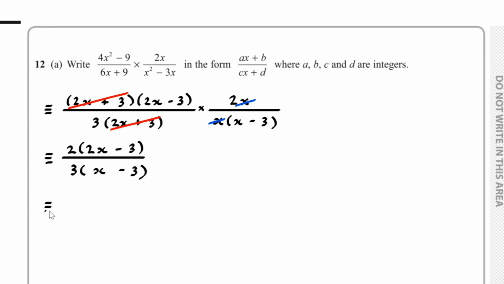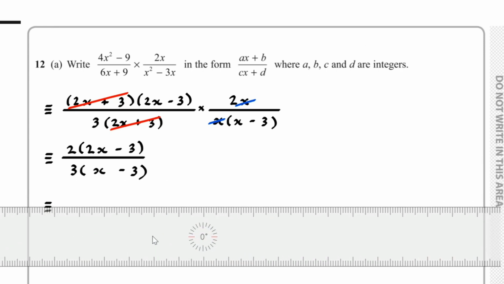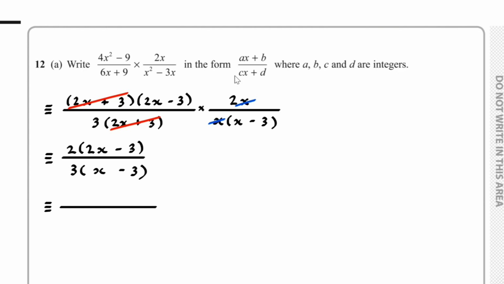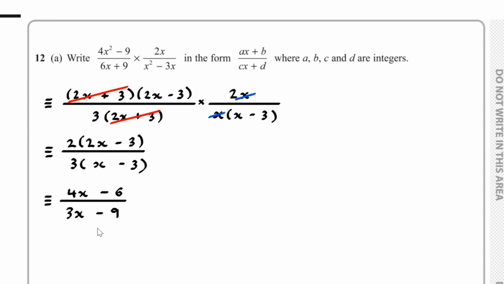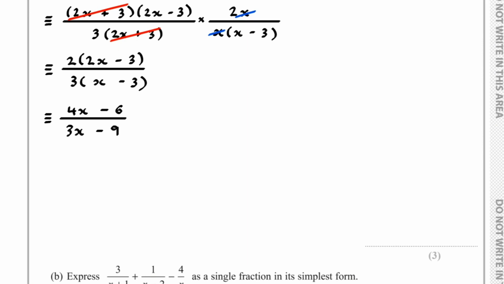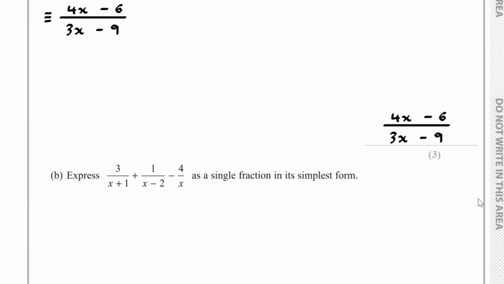And if we expand along the top and bottom, 2 times 2x is 4x, and then I've got the minus 6, and then 3 times x, which is 3x, and then the minus 9. So what I end up with as my simplified expression is 4x minus 6 over 3x minus 9.